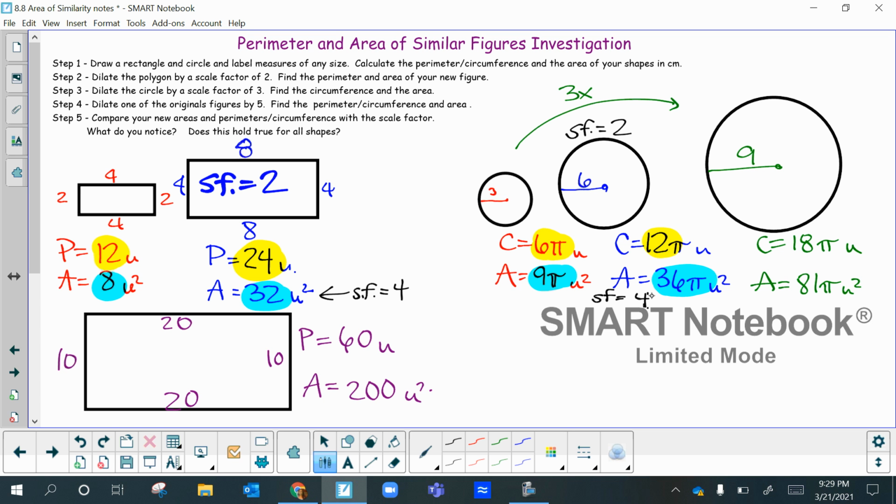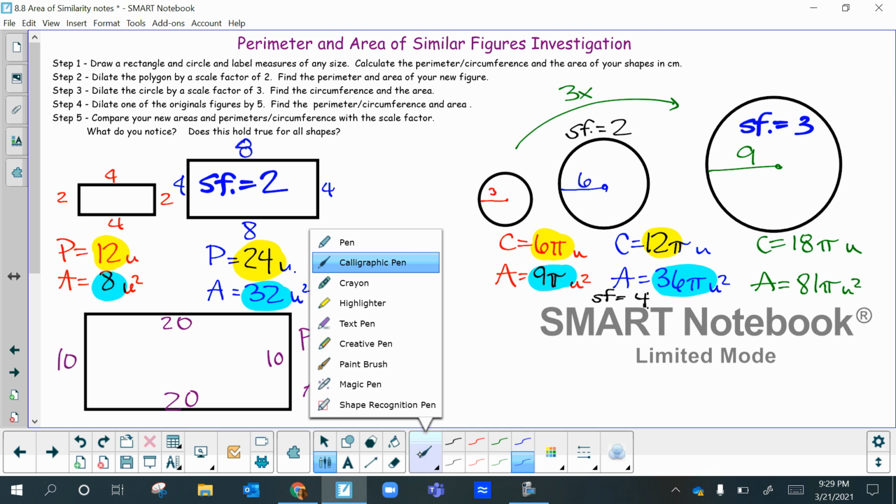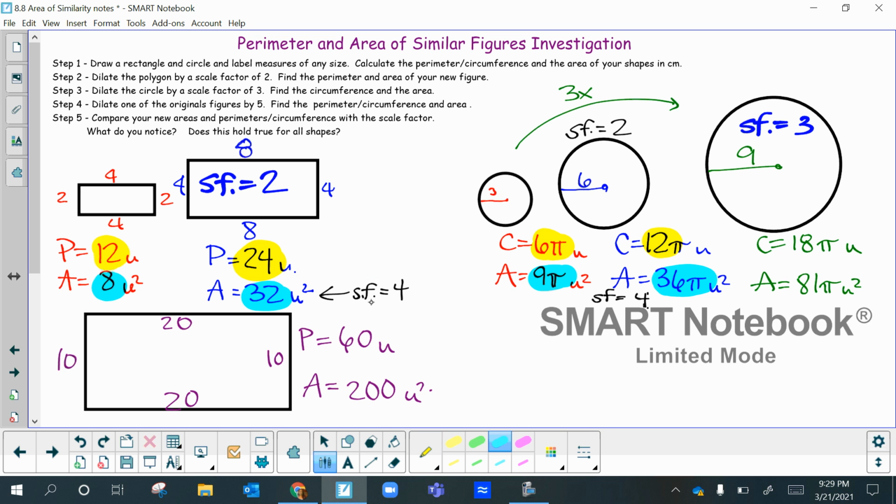And then as we look at the scale factor of 3, our scale factor over here was 3. The circumference got 3 times bigger compared to the original one right here. However, the area did not get 3 times bigger. It got how many times bigger?